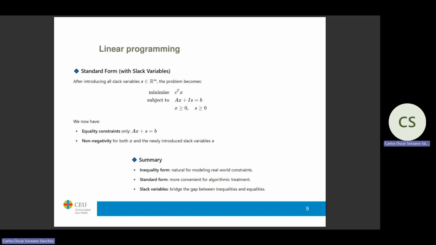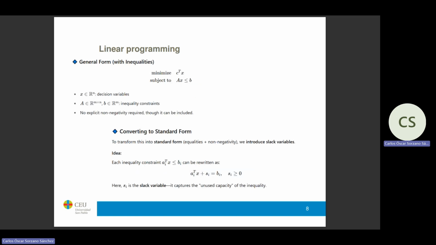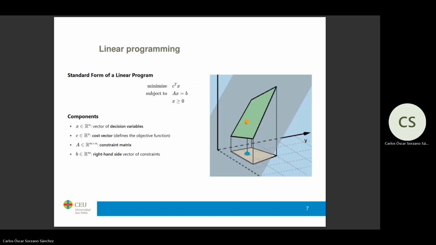Now I only have equality constraints. So the general form of the linear program is this one, and it is called the standard form of the linear program. Is this important?